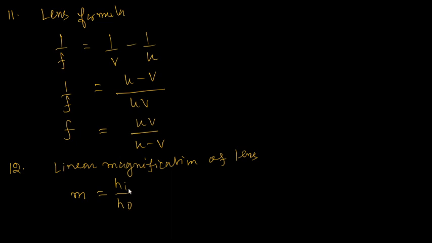Image height divided by object height, and that is given by v by u, that is equal to f by u plus f, or f plus u, that is equal to f minus v divided by f.